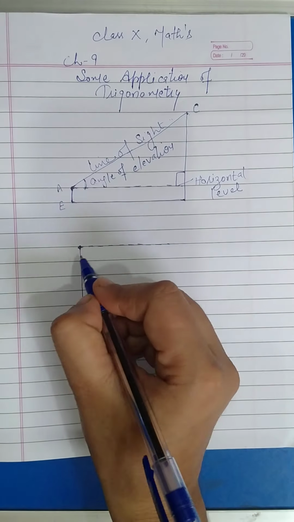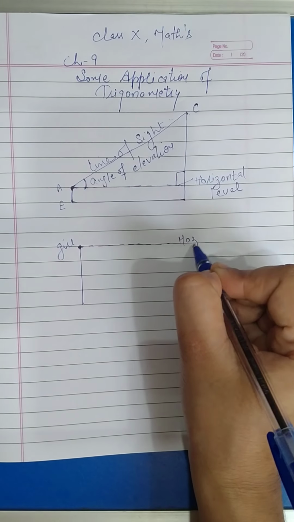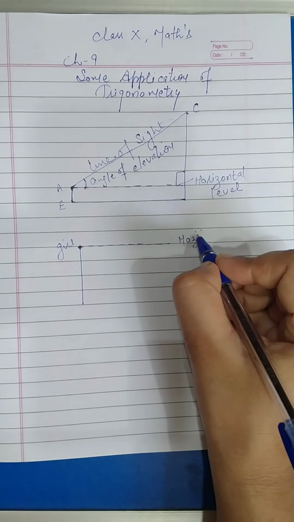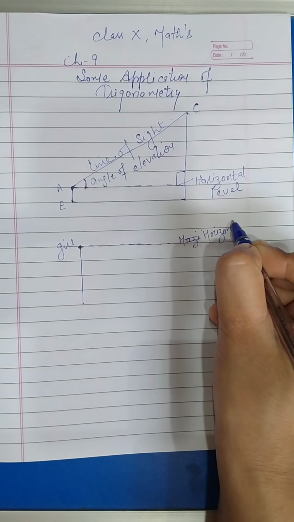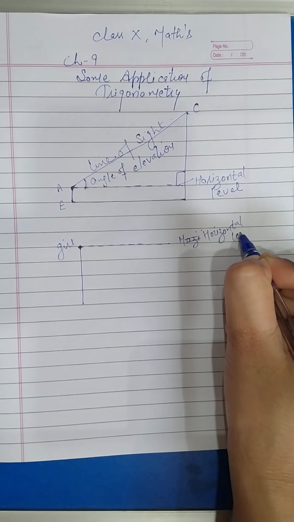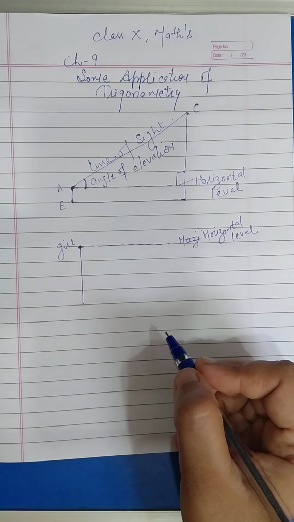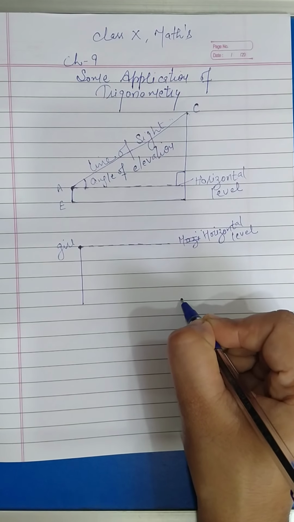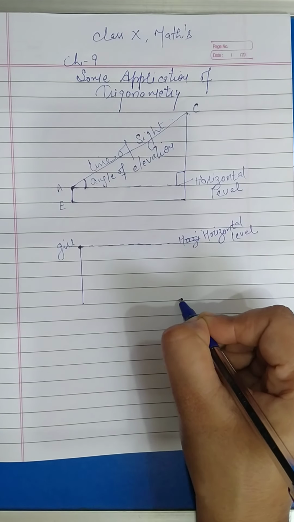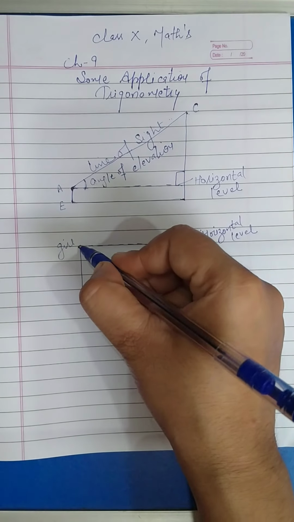This is the horizontal level. And she is observing and looking down. There is a pot and the girl is looking down.